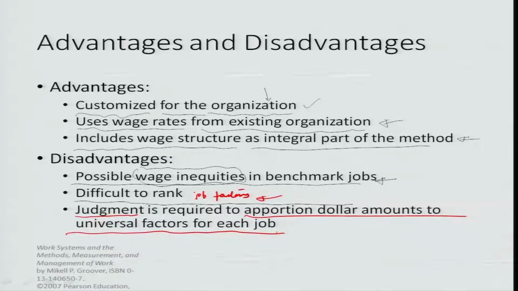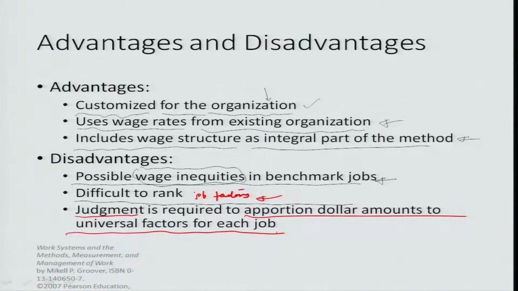So as difficult as it is to rank the job factor, a similar level of difficulty could be to apportion a dollar amount to a certain job factor. So because of all these disadvantages, it may sometimes be erroneous on the part of the management to use this factor comparison method for rating the various jobs and creating a salary structure.